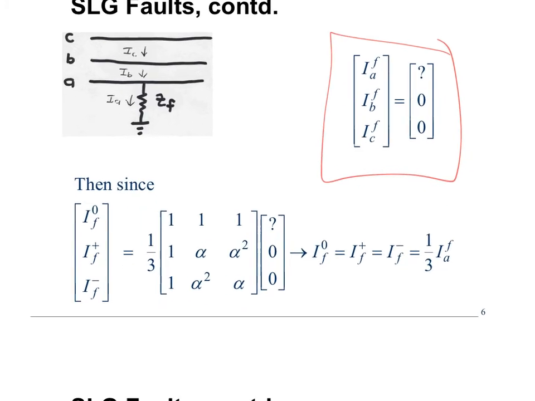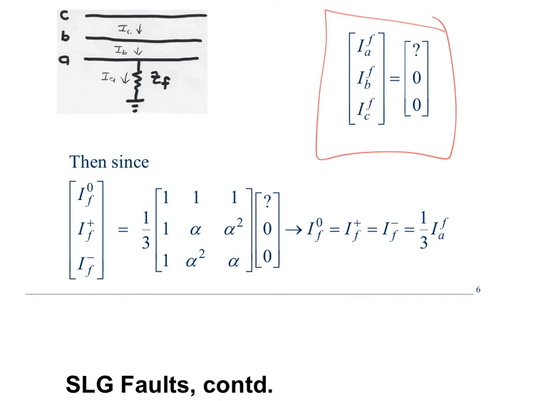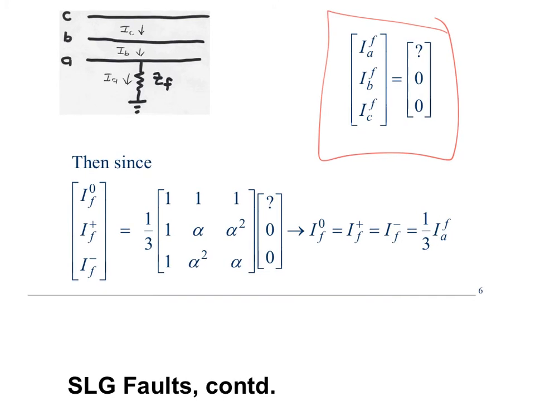And then I'm going to calculate what my symmetrical components are, right? So this is the 0, positive, and negative sequence components. If I just run it through I symmetrical equals A inverse times I phase, and if this is an unknown value, I call it a question mark, but let's just call it IA at the fault.